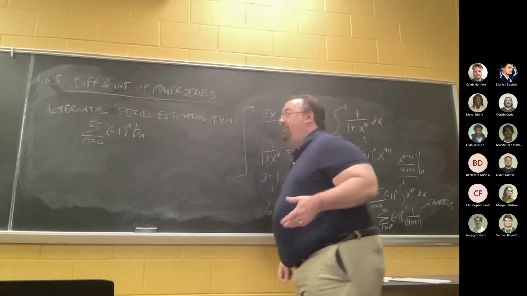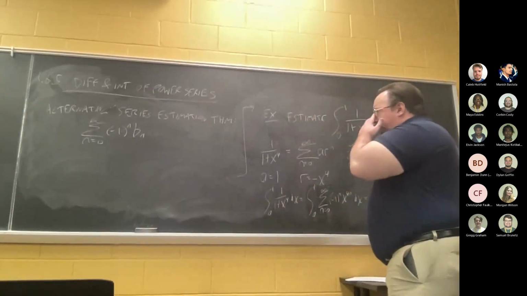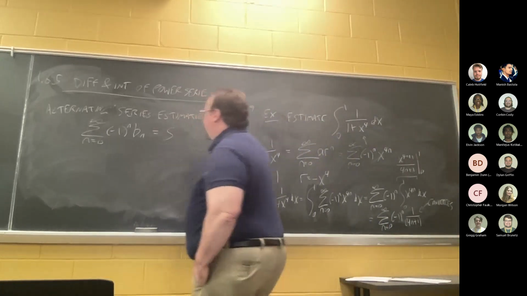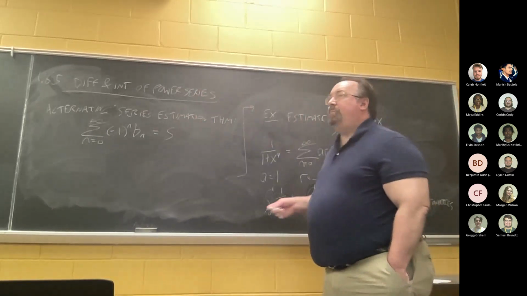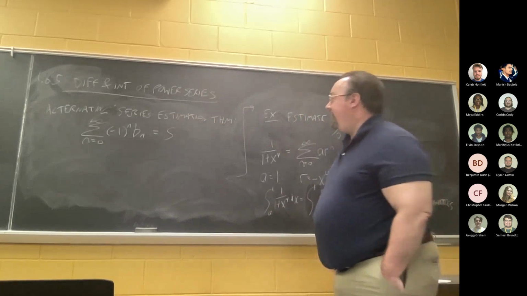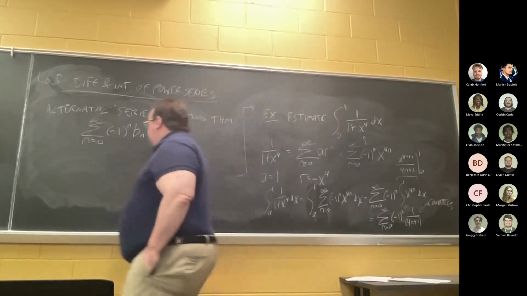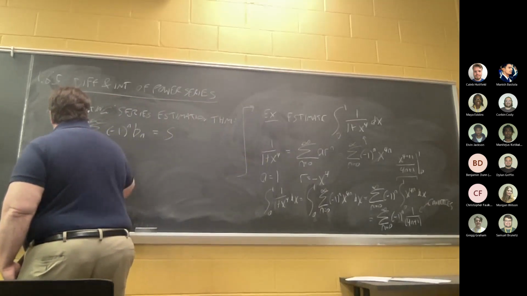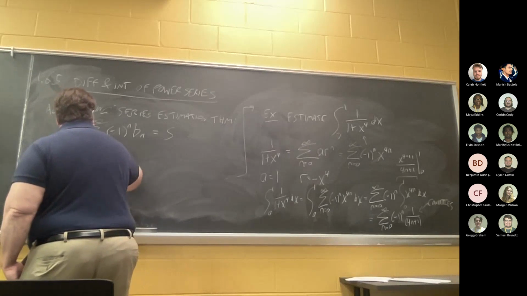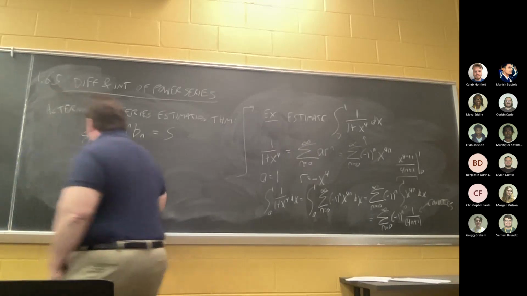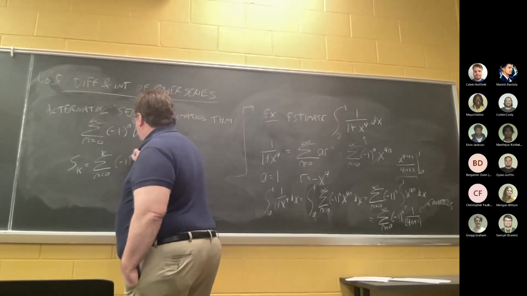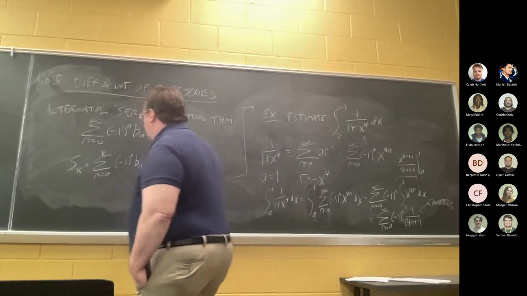And if we know that the series converges because of the alternating series test, if I let S refer to the sum of the full series, and if I let S_k be the kth partial sum, so instead of going up to infinity, I stop at k.